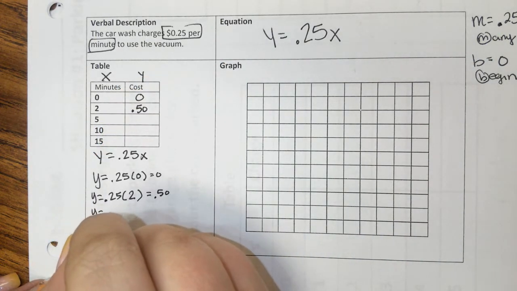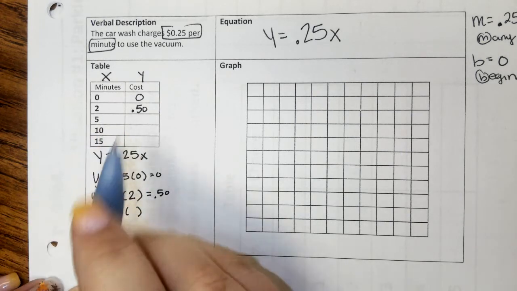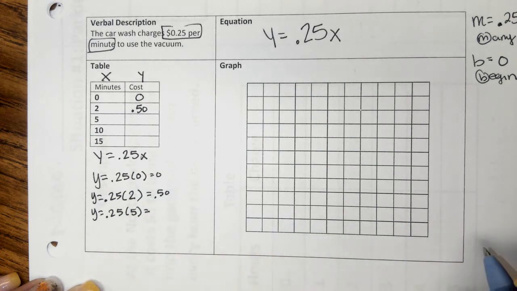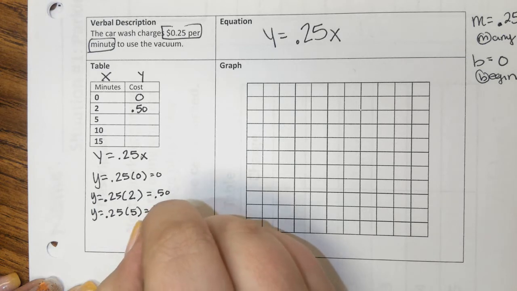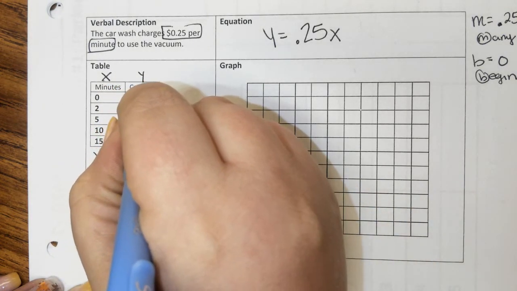Next we have y equals 0.25 times x, and now x is 5. 0.25 times 5, or 5 quarters, is $1.25, or 1.25.